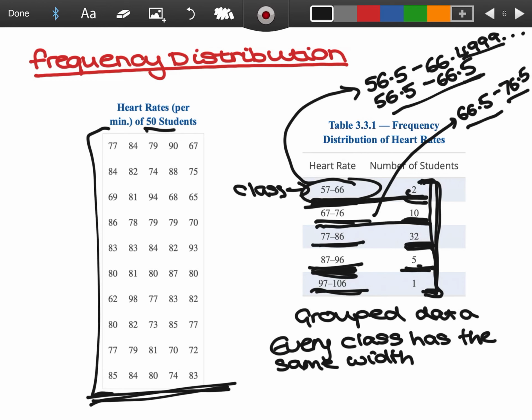Obviously, remember that we should find that the frequencies of each of these classes should add to the total number of things that I started with. So I know that these frequencies must add to 50. So the cumulative frequency of your final class, which is the frequency of that class added with every single frequency of the classes that come before it, should add to the total number of things that you started with.